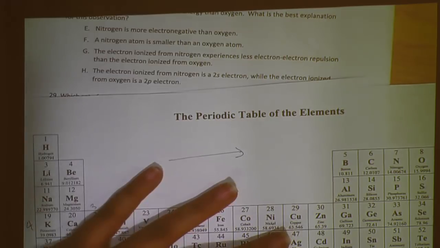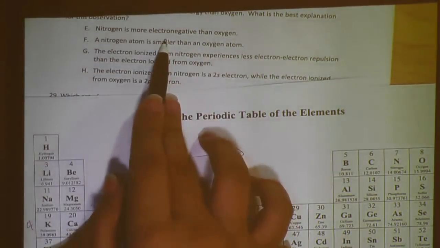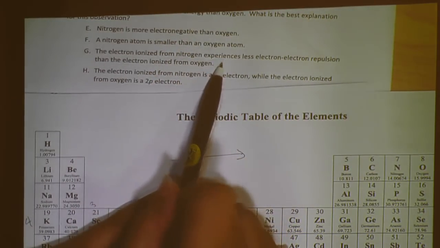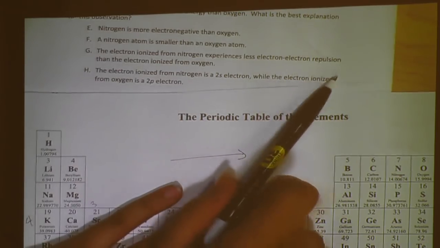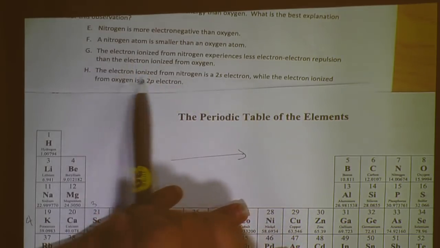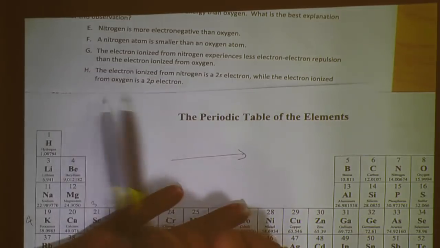So let's find an explanation. It says nitrogen is more electronegative than oxygen. A nitrogen atom is smaller than an oxygen atom. The electron ionized from nitrogen experiences less electron-electron repulsion than the electron ionized from oxygen. The electron ionized from nitrogen is a 2s electron, while the electron ionized from oxygen is a 2p electron.